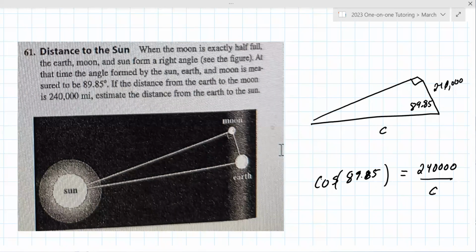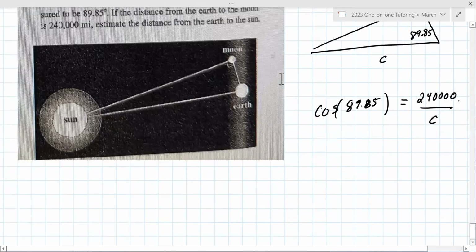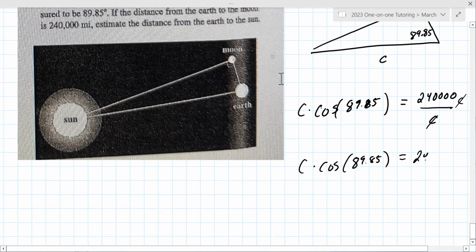I got 628. You're solving for C. So just like you did before, you have to move C to the other side of the equation, and then divide by the cosine of 89.85. Oh, okay. I don't know why I did that wrong.